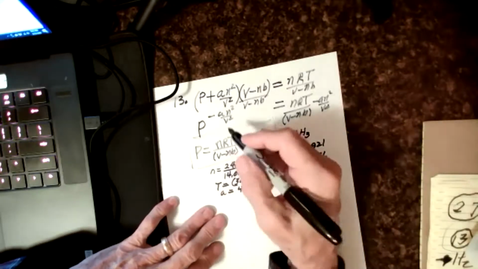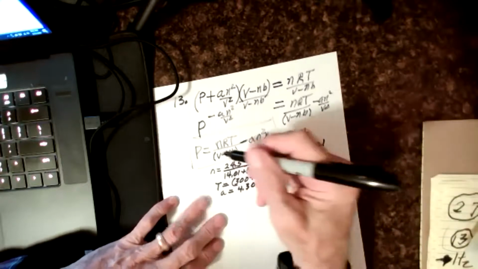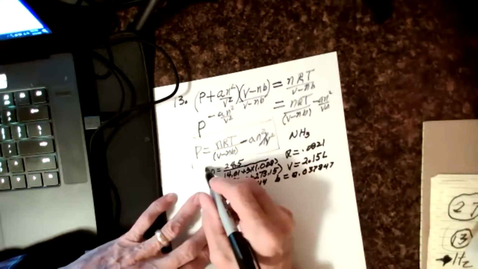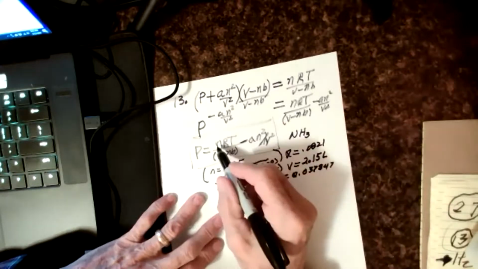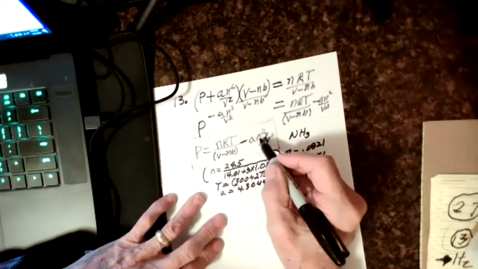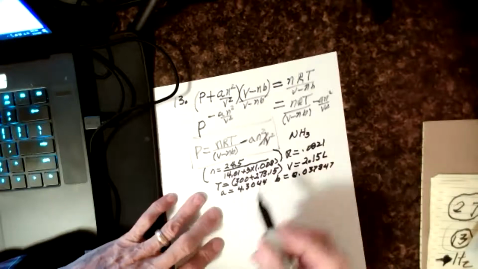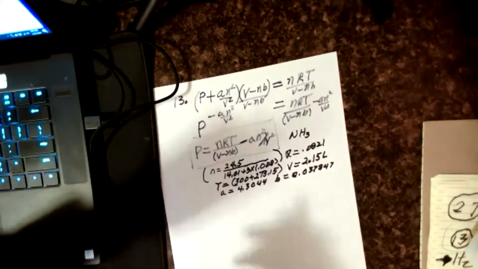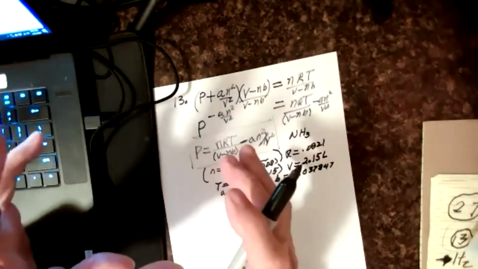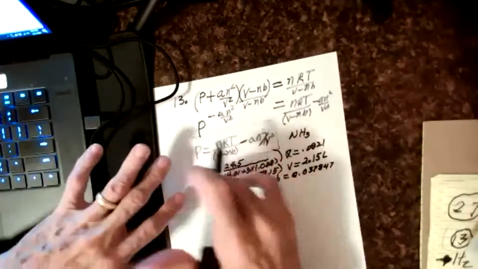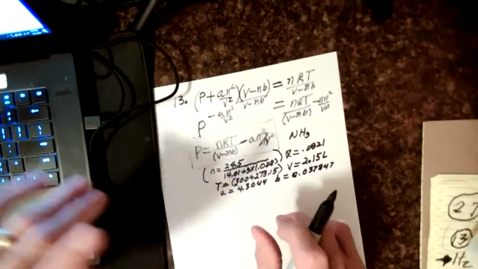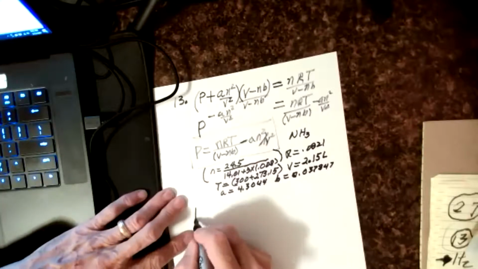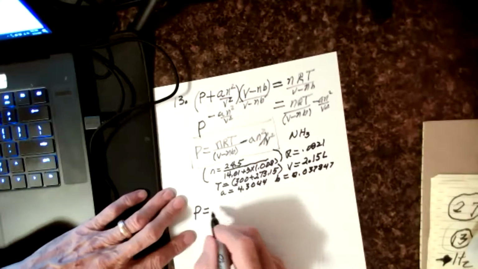Now, here's the way I'm going to do it. I put this one first because I want to put that one into my calculator. I'm going to need it here and here and here. So I want to do this on the calculator without doing any of these calculations and writing answers down. So what I'm going to do is say P is equal to.